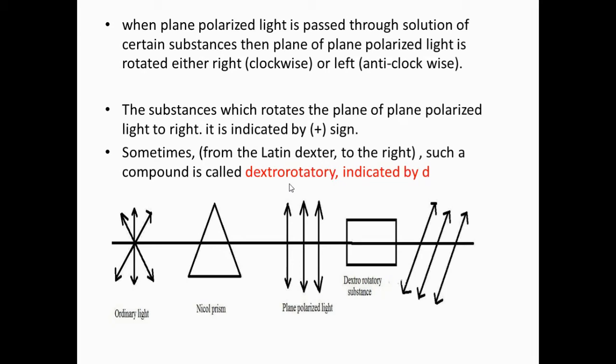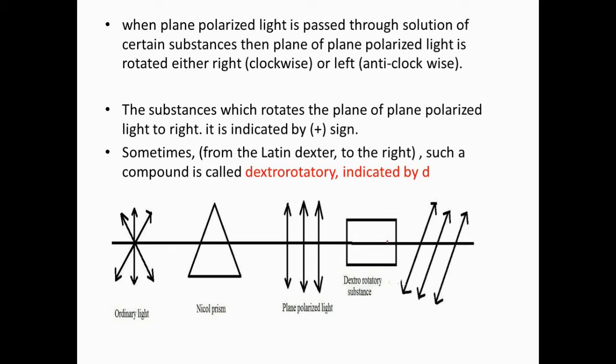The substance which rotates the plane of plane polarized light to the right is indicated by a plus sign. Here, ordinary light is allowed to pass through a Nicol prism and is converted to plane polarized light. The plane polarized light is passed through a solution of a certain substance, and the plane turns towards the right.